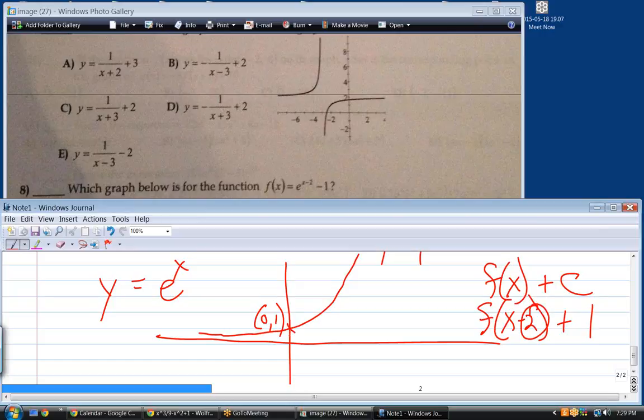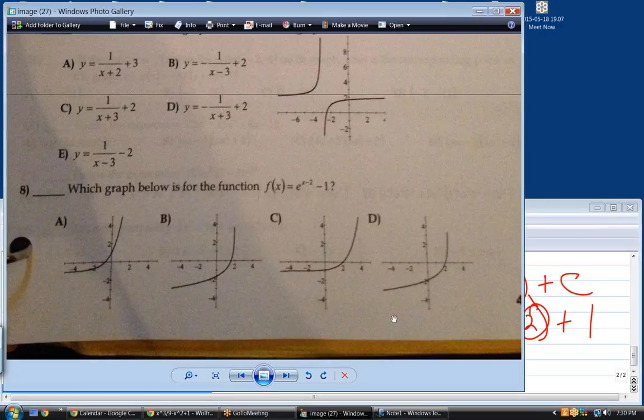Well, let's take our only known point, shift it right by 2 and down by 1. If this is 2, it's going to end up right there. Which of those curves goes through that point right there? C and D both do.